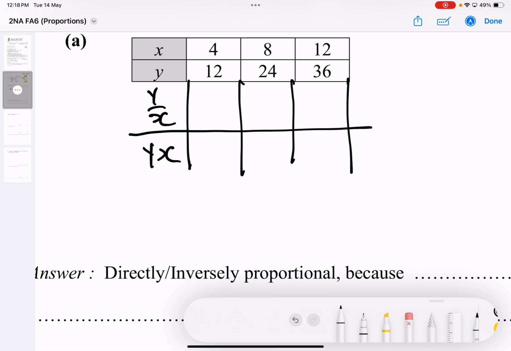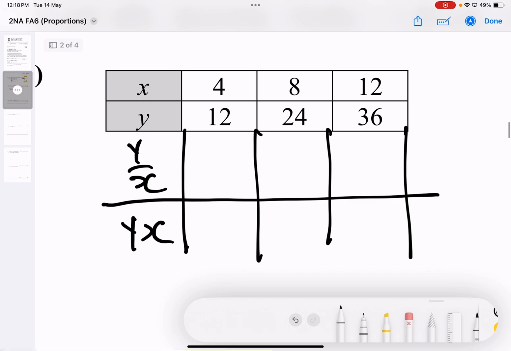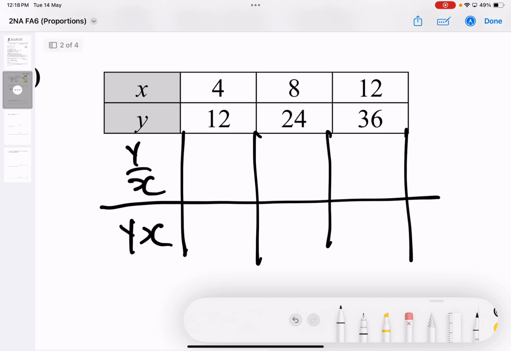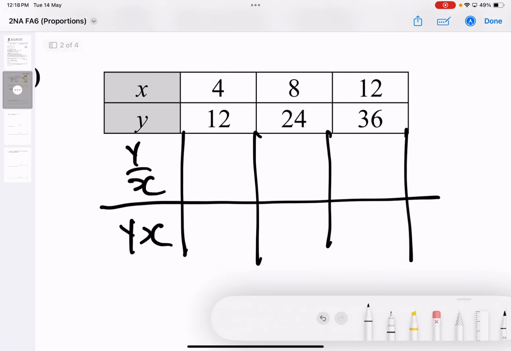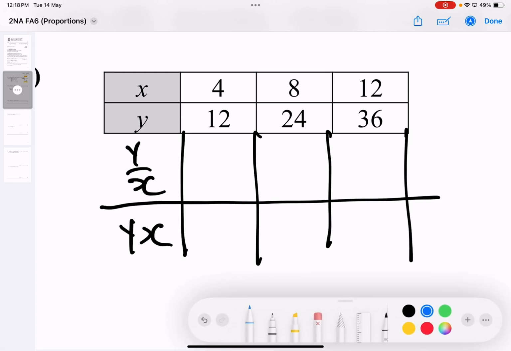Alright, so here, y divided by x, I take the y, 12 divided by 4, I'm going to get 3. 24 divided by 8, what do I get? Can someone help me out?